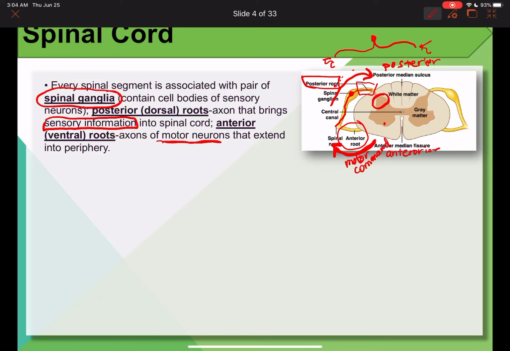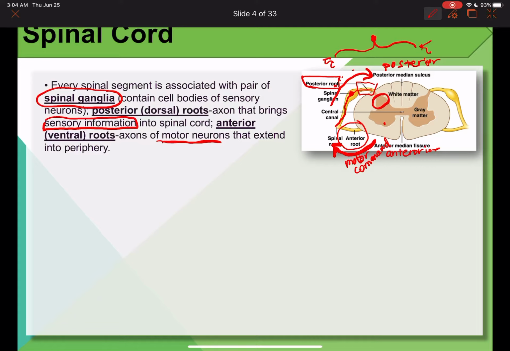And in a class setting, I always draw this whole big drawing of the spinal cord on the board, and I add things to it as I'm talking throughout the entire lecture, because we're talking about the little parts of the spinal cord, and we have to break it down this way because it gets confusing.